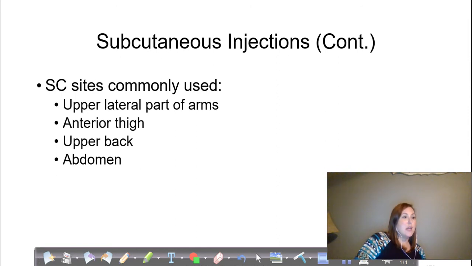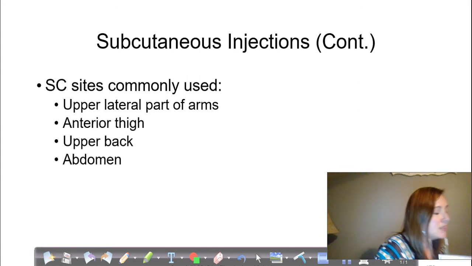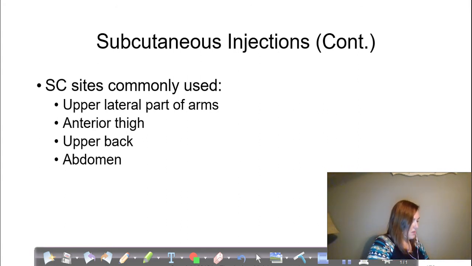The commonly used sites are on page 653. Those sites are the upper lateral arms, the anterior thigh, the upper back, and the abdomen.